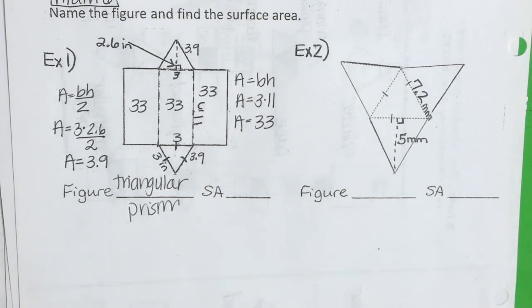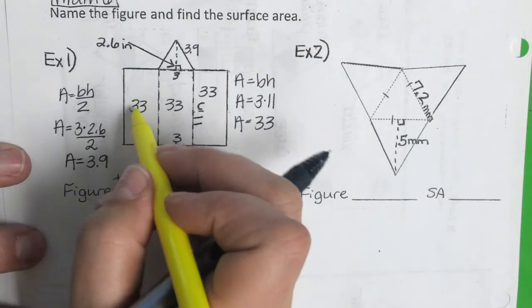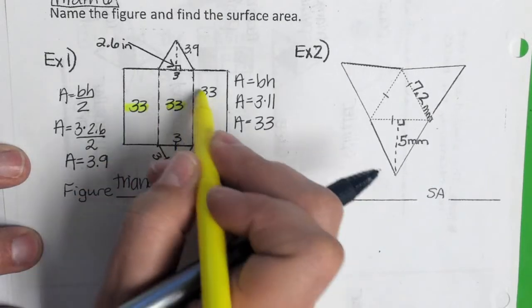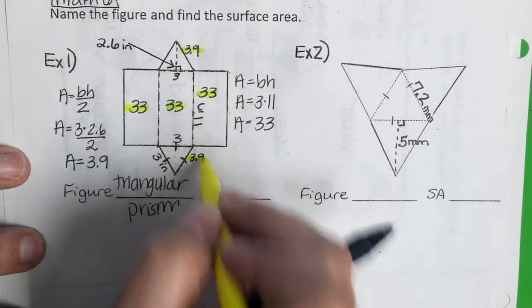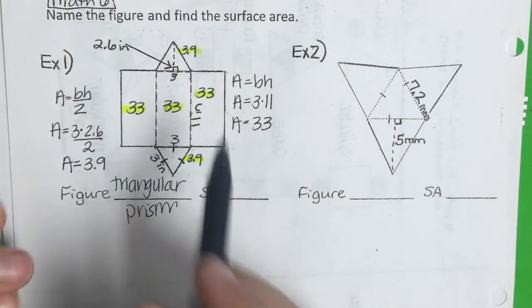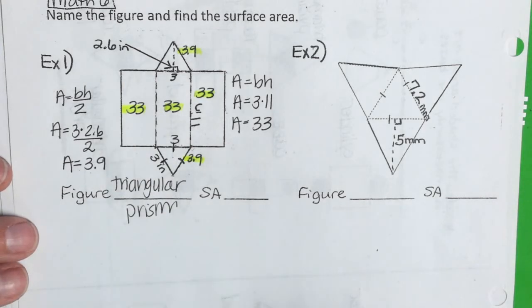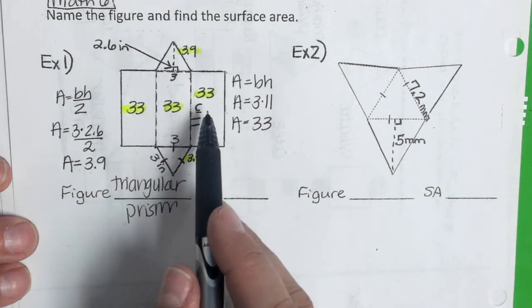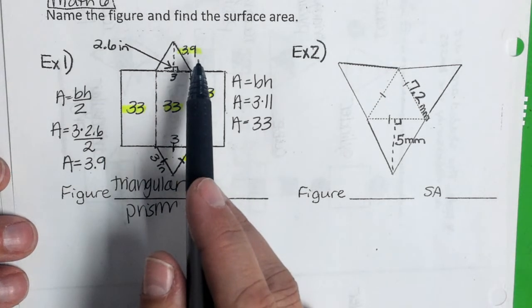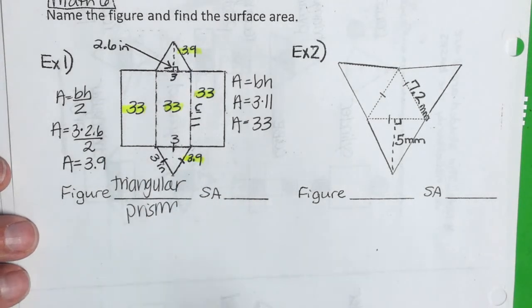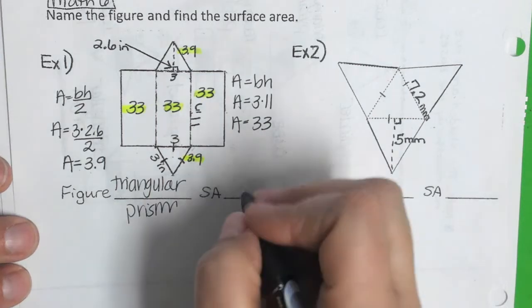So now, to make this work, I've got to add all 3 rectangles and both triangles. If I have 3 that are the same, can I just multiply? So it'd be 99, and then someone do plus 3.9 and plus 3.9. What'd you get? 106.8.